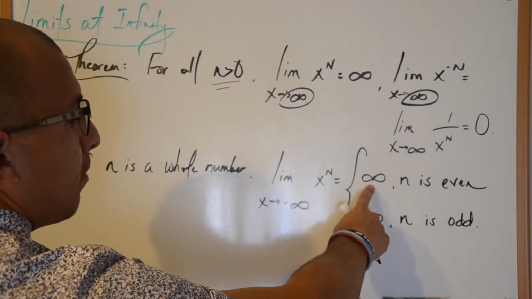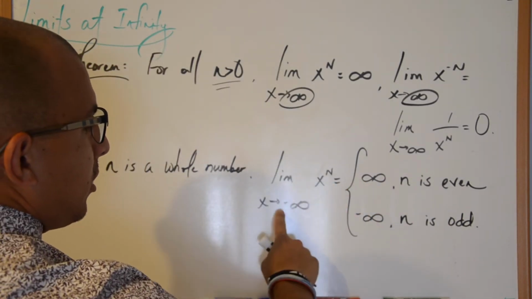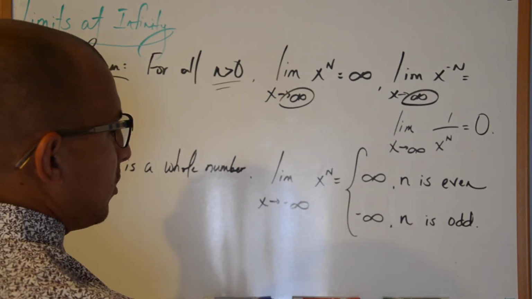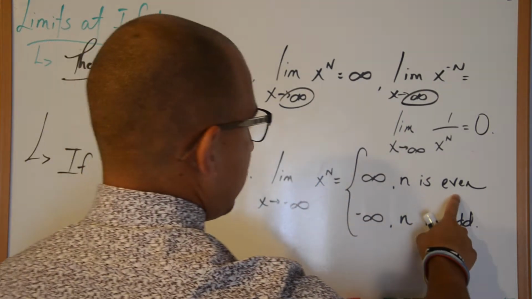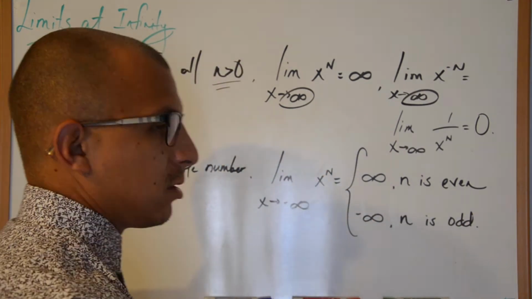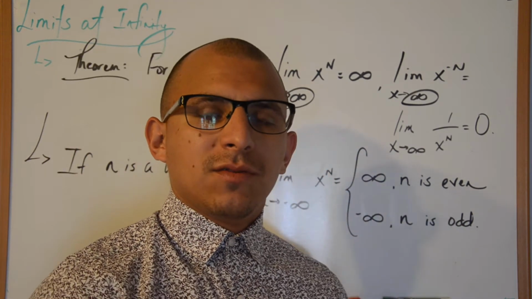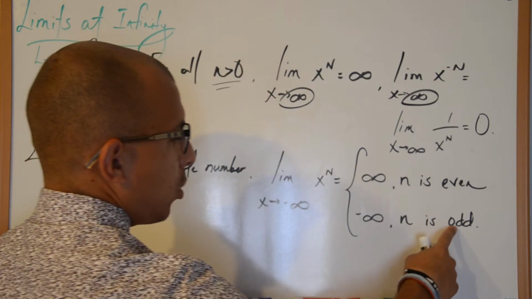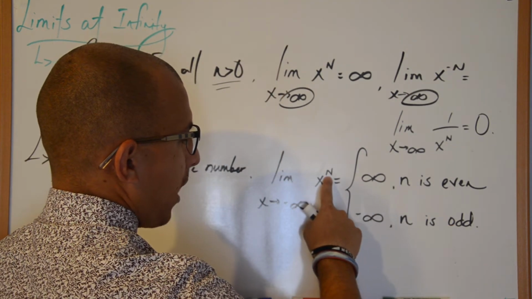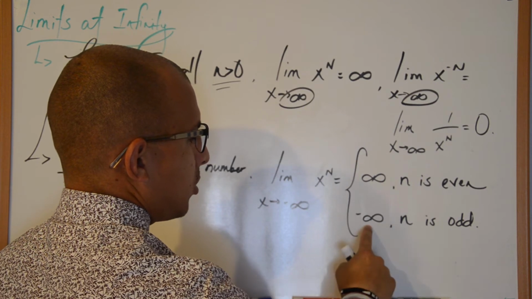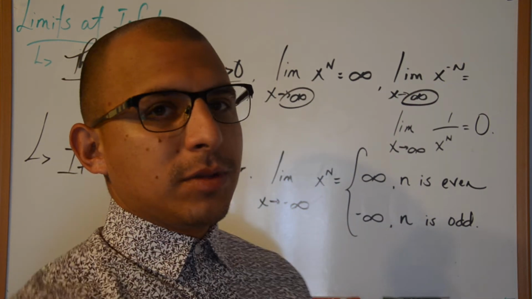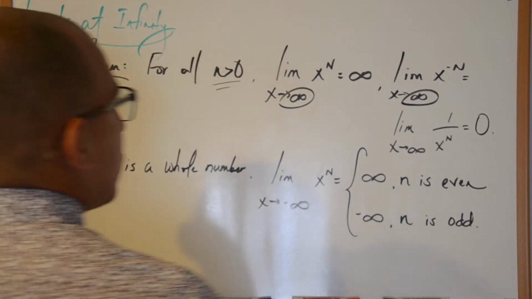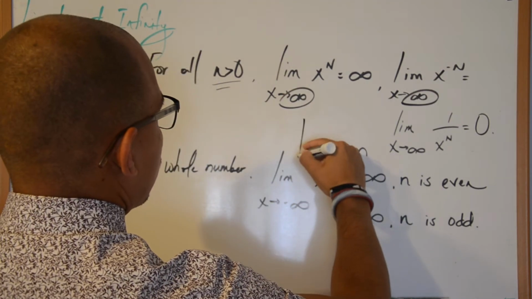Positive infinity, even though we're looking at the behavior as it's going leftwards along the x-axis, because with an even powered function, a negative times a negative will always yield positive. And when the power of the function is odd, it will tend towards negative infinity because of that additional negative that we must multiply through.